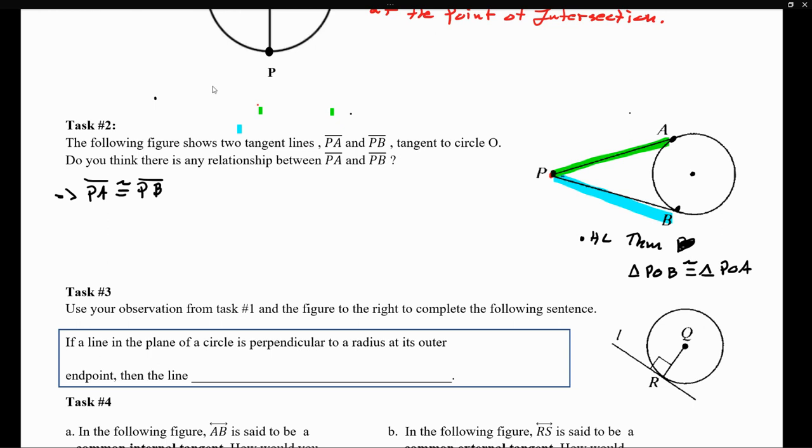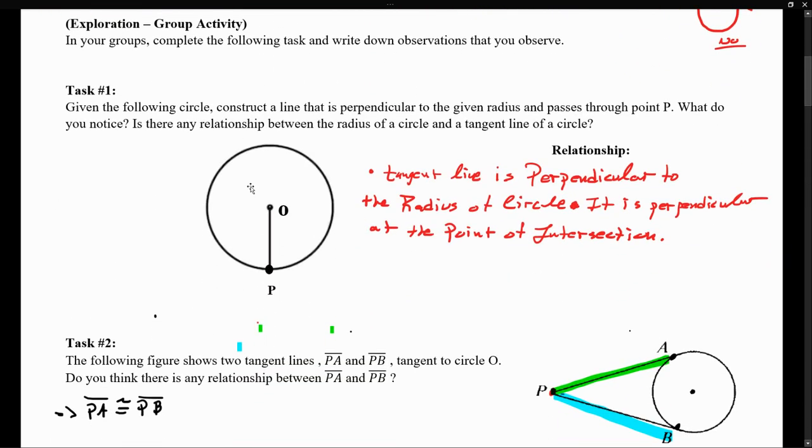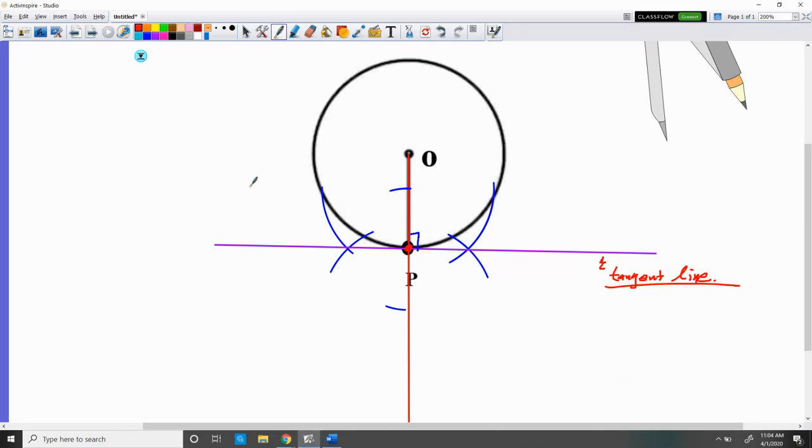So now let's fill in the blank. It says if a line in the plane of a circle is perpendicular to a radius at its outer point, then what kind of line should we have? Based on what we discussed in task number 1, we can make the claim that if we have a tangent line, then it's perpendicular to the radius.